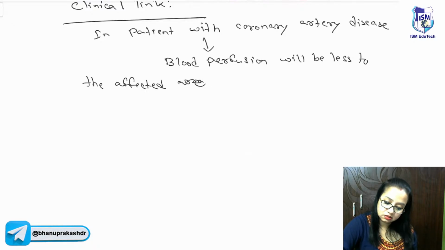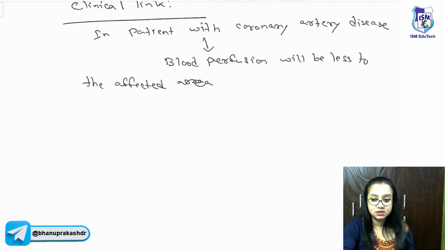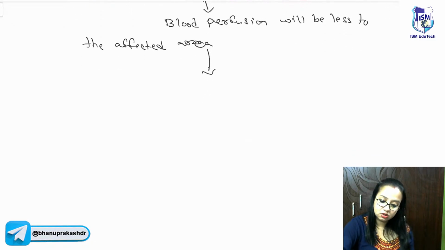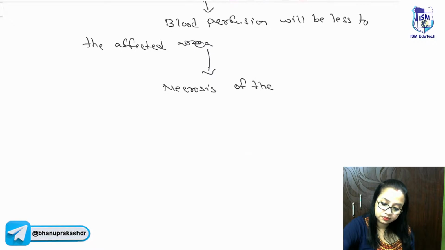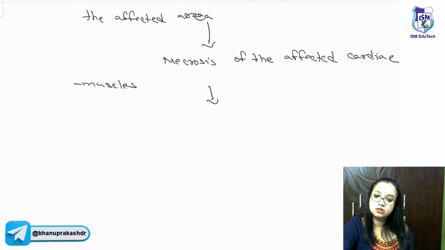Like the coronary artery, which is supplying a particular part of the cardiac muscle, will now supply less blood because of the blockage. So it will cause death or necrosis of the affected cardiac muscle. Now, when there is death of a certain area of the cardiac muscle, what will happen?